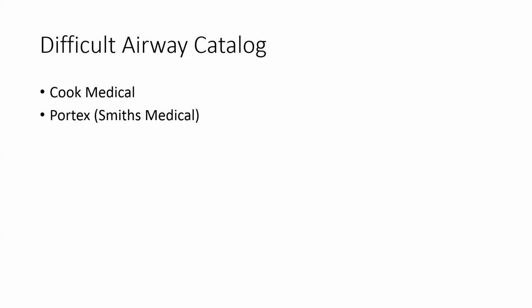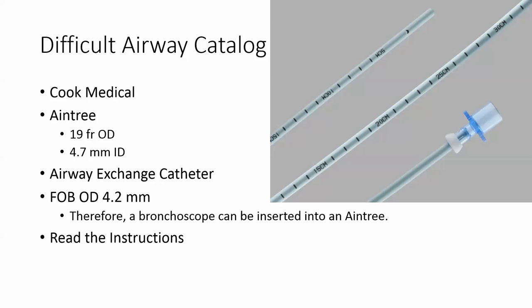Now, I bring to your attention the Cook Medical Difficult Airway Catalog, and in that catalog you'll find such things as an Aintree, which we have in stock at UK, and it has a 19 French outside diameter and a 4.7 millimeter internal diameter.